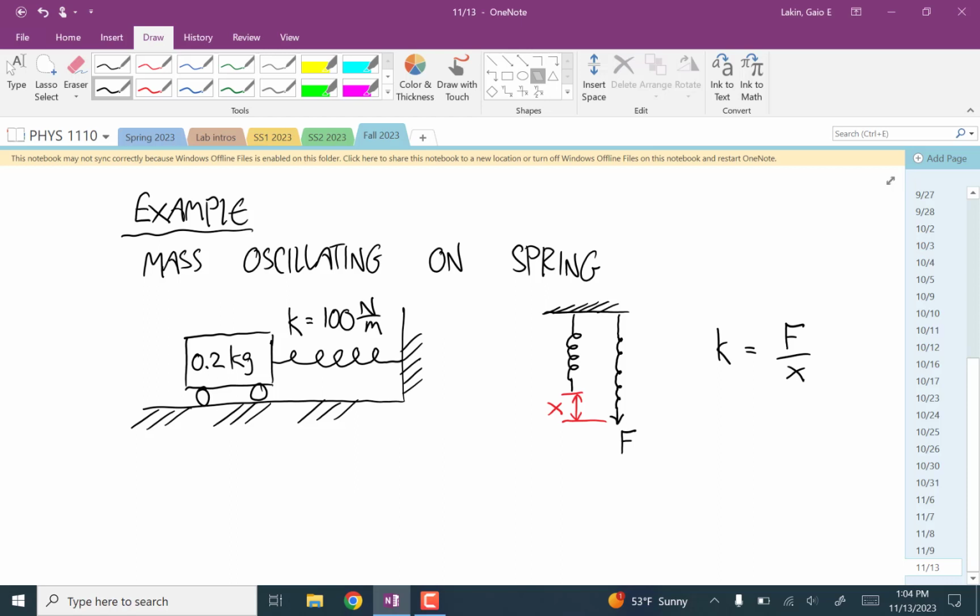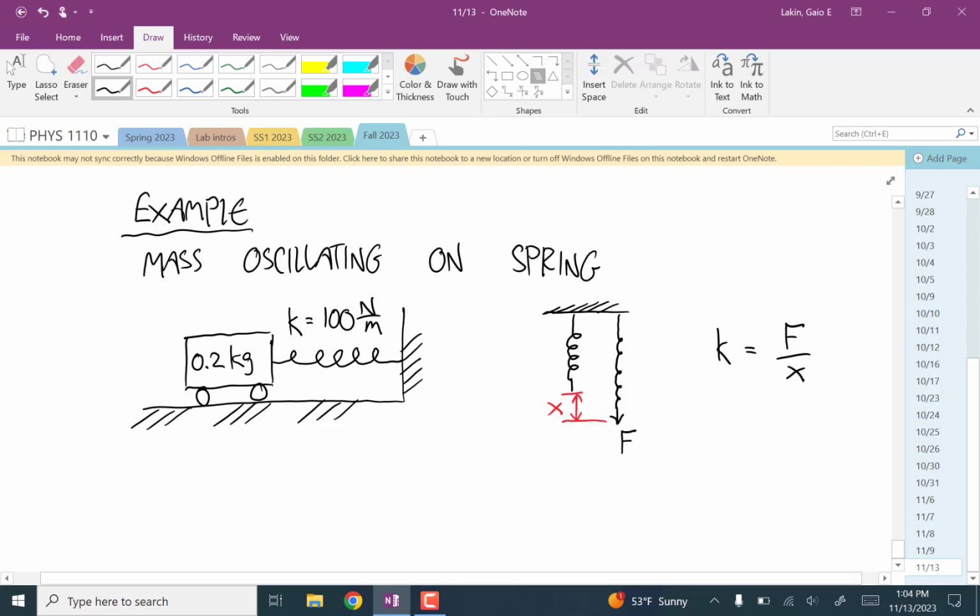So for example, to get this spring constant of 100, let's say that we applied a downward force of 1 Newton, and we saw that the spring stretched 1 centimeter. 1 Newton divided by 0.01 meters gives you a spring constant of 100 newtons per meter. Okay, so that's what that spring constant means.